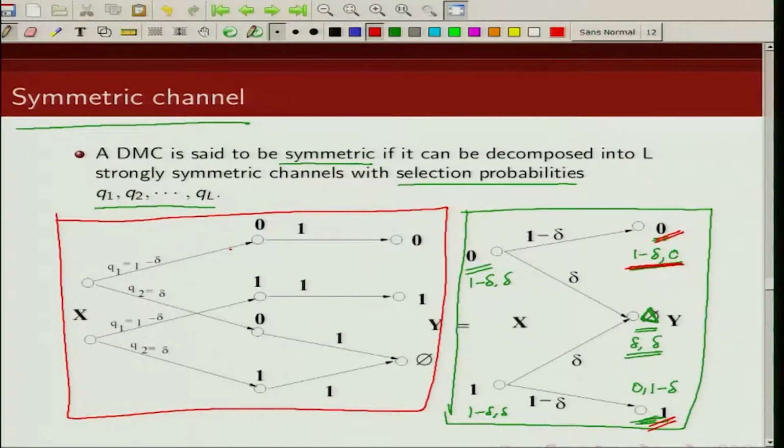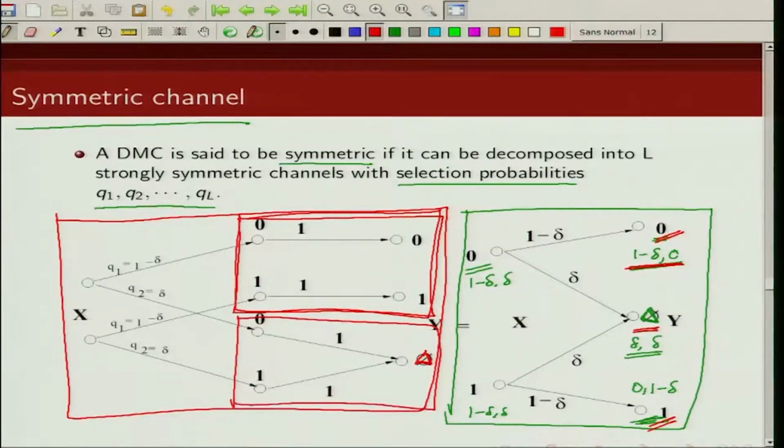So I can decompose this into two channels. One is this channel corresponding to the outputs 0 and 1, and the other one corresponds to this particular output. So I am decomposing this channel into two channels: one is this particular channel and the other is this particular channel.